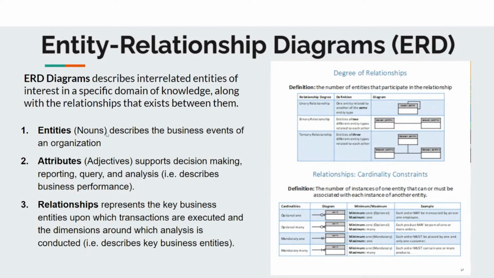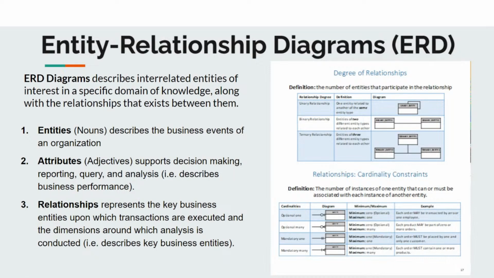So if you think of a car, you'd have car color, transmission type, miles per gallon, whatever you could attribute to a car, the adjectives of a car, those are going to start forming your columns, even price. And then a relationship is the key business entities upon which transactions are executed and the dimensions around it upon which analysis is conducted. So it describes the key business entities.